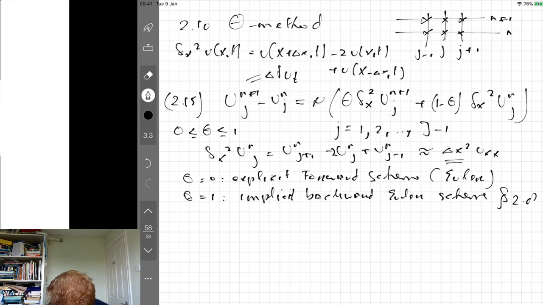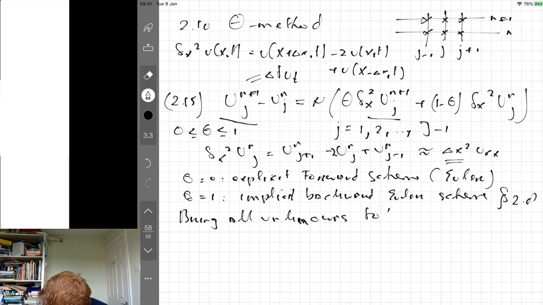So now the only problem is here, I have unknowns here, but I have also unknowns here, because they're at time level n plus 1. I don't know those yet. So bring all unknowns to the left hand side. This is actually 2.75.